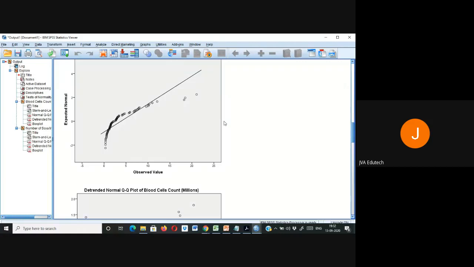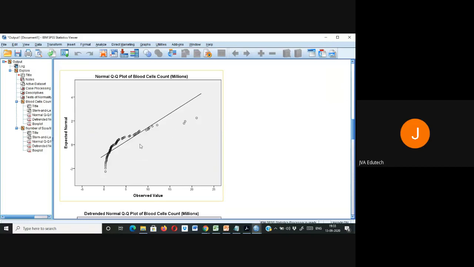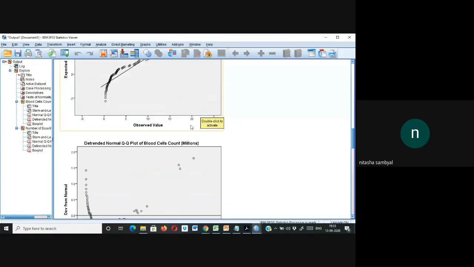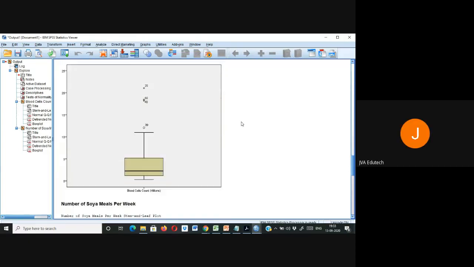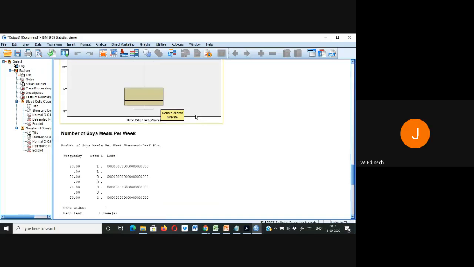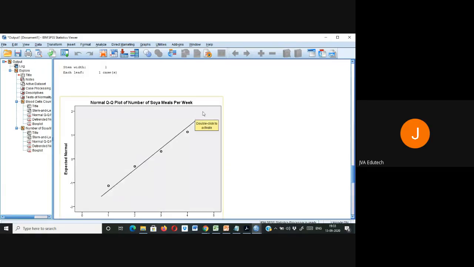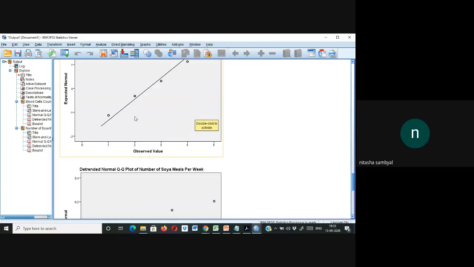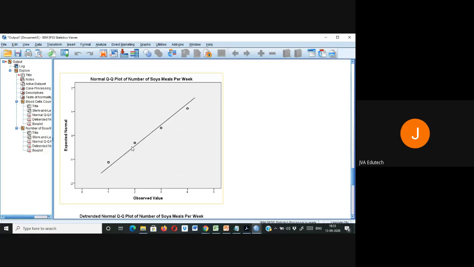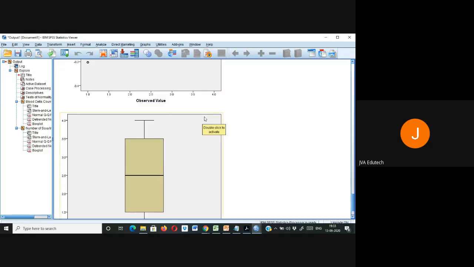And if you see these normal Q-Q plots, again in this case the data points are not distributed across the diagonal line. You have a few significant outliers also. Then in the second case, it's somewhat normally distributed.